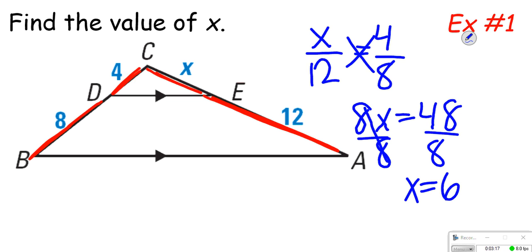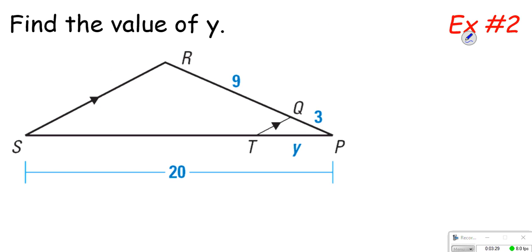So notice it's not the full side lengths of the triangle like we were doing in section 7.3. It's just x to 12 equals 4 to 8. So here, they gave us the whole length of side PS. It's 20, but that's not what we need to set up our proportion.